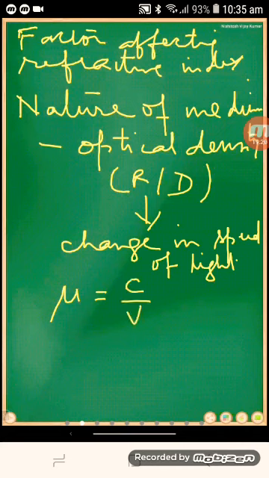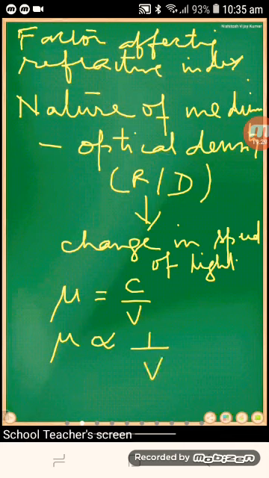If c is a constant, then mu is inversely proportional to v. That is, if the speed of light increases, the refractive index is going to be less, meaning the bending of the light will be less. If the speed of the light decreases, the bending of light is going to be more.